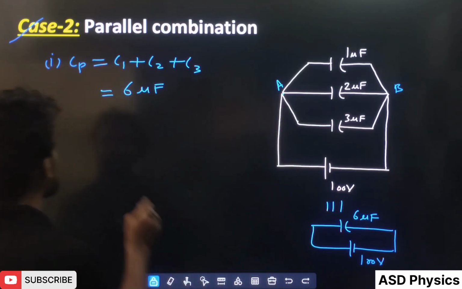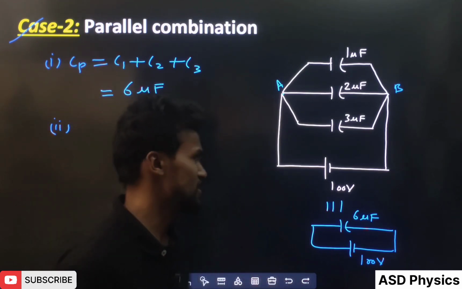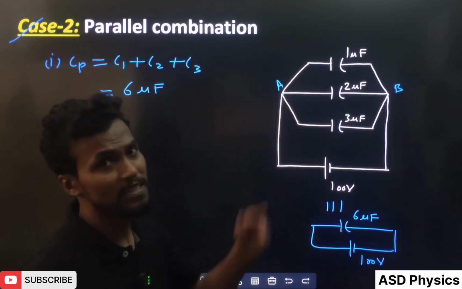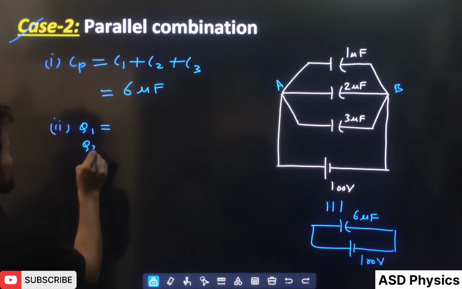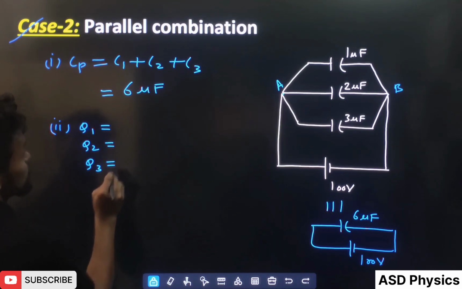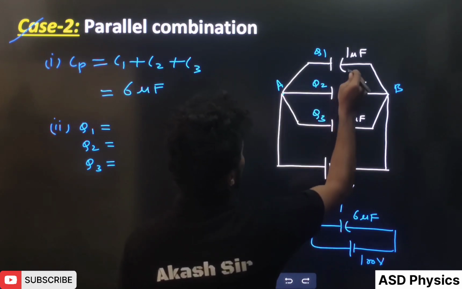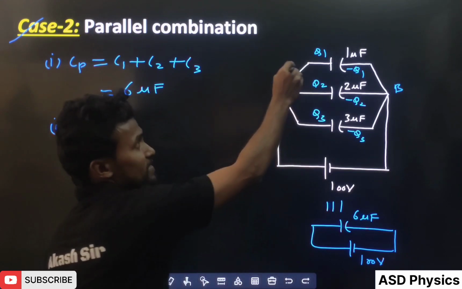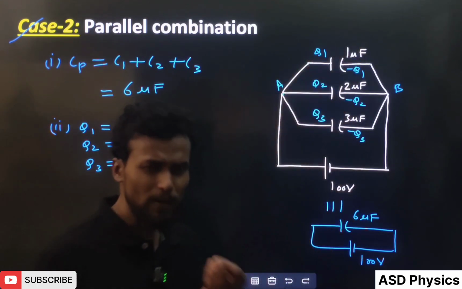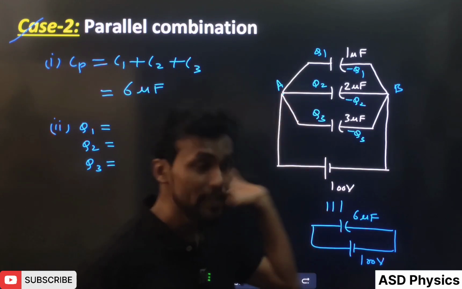Now, second one, let's take charge. You know very well, as all of them are connected in parallel, the charges across them are Q1, Q2, Q3, and on the other plates minus Q1, minus Q2, minus Q3. Remember that the net charge on the capacitor is 0, but by convention we tell the charge on the capacitor is Q1, Q2, Q3.